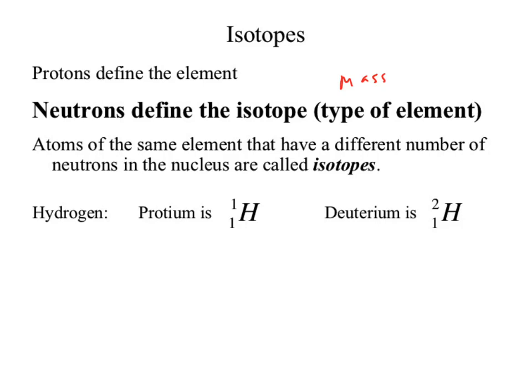I can have an element with a single proton. If I have an element with a single proton, that is then defined to be, according to our periodic table, hydrogen. If I add a neutron to that hydrogen, I've changed the mass, but the element identity hasn't changed. It's still hydrogen. But its mass number has changed.